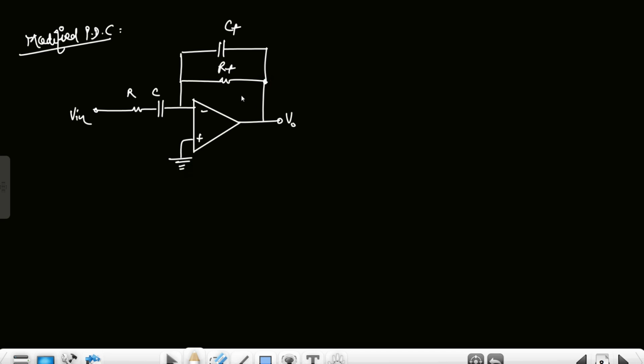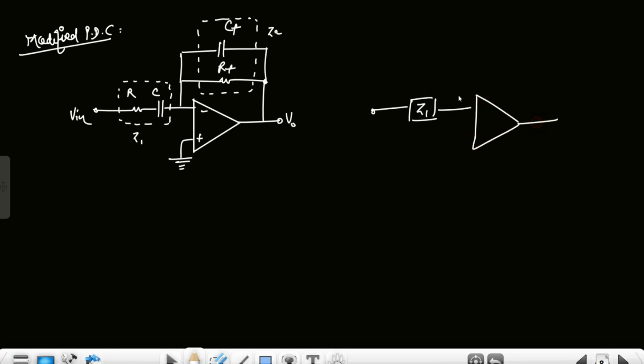So now for this transfer function, these two will form an impedance. Let's say this is Z2 and this is Z1. So we can simply redraw this circuit as this one. This is Z1 and this is Z2. Now the circuit has become a simple inverting op amp, right?